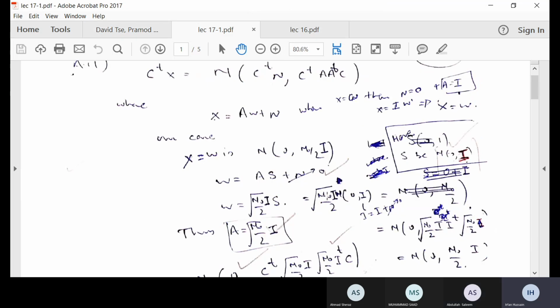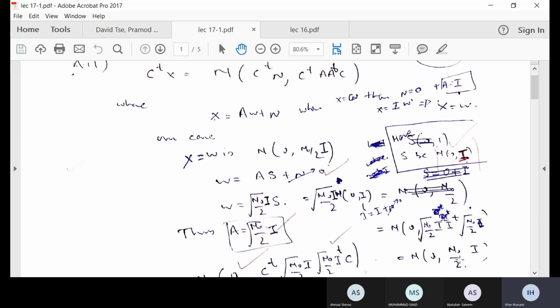I take these values of A and its transpose, and you can see that I get my w vector as zero mean, and the covariance comes out to be N0 by 2 I. So you can see that this transformed vector has a covariance N0 by 2 I, and this was what we wanted.